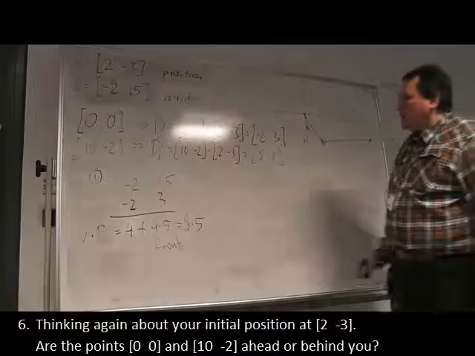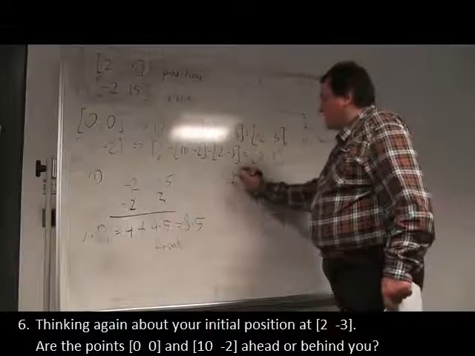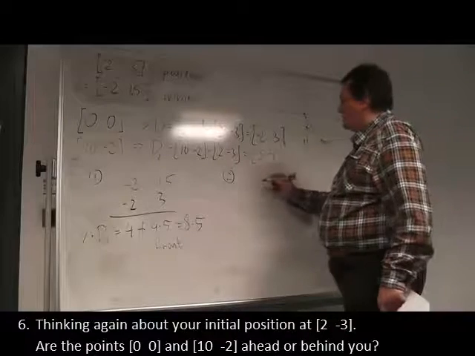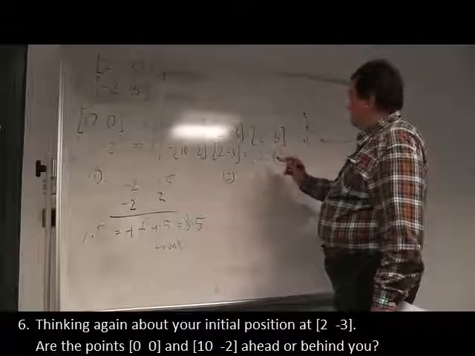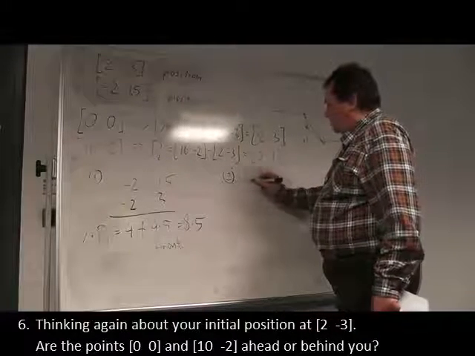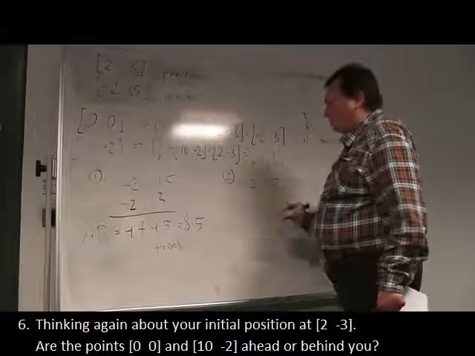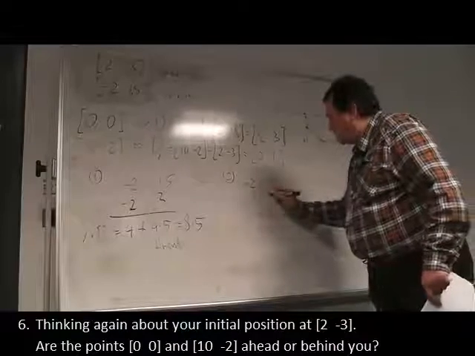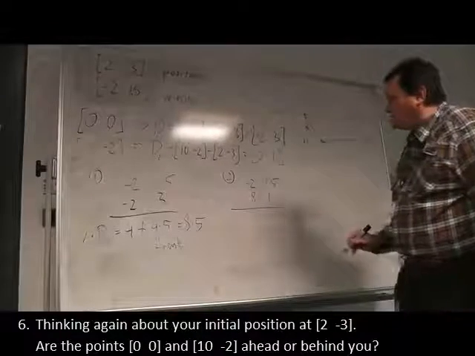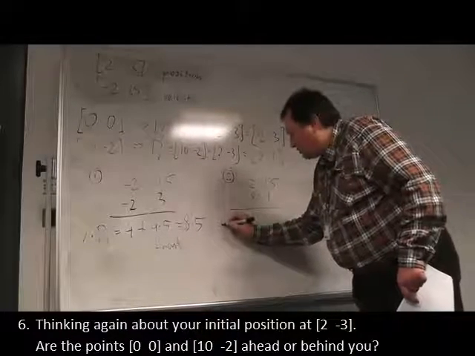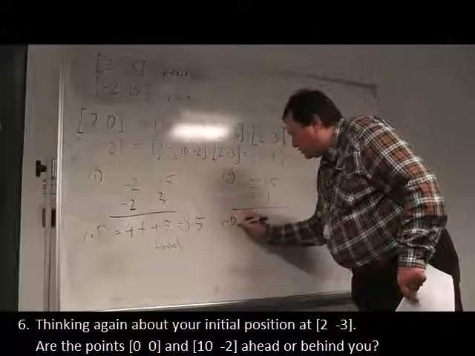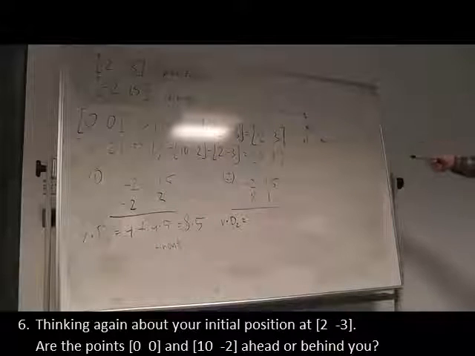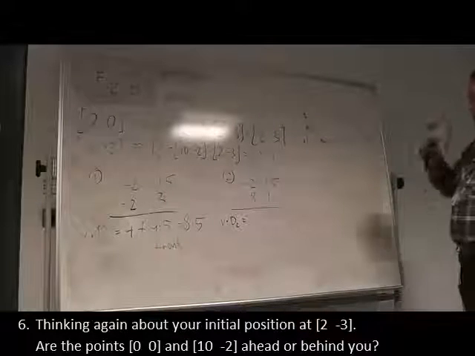Okay, if everything is correct, for the second operation, the dot product of my velocity, which is minus 2, 1.5, and the second displacement vector, which is 8, 1. So if everything went well, the result of velocity dot d2 should be negative, because from the picture I can see that the second point is behind me.